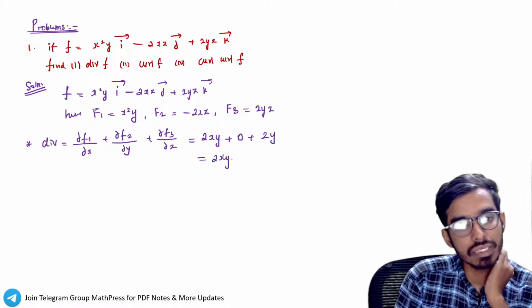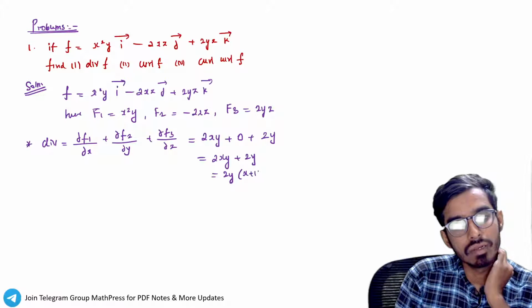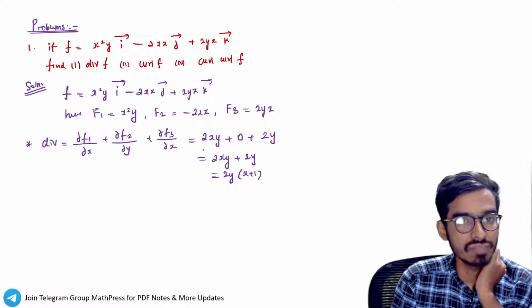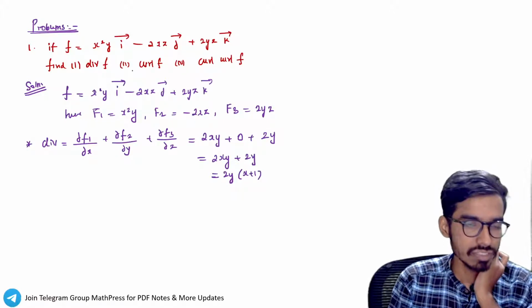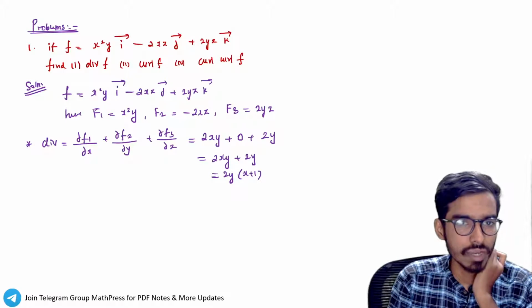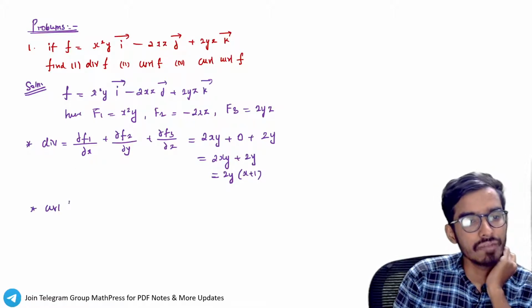So 2xy plus 2y, or if we take 2y common, 2y into x plus 1 is the divergence of the given function. Very simple. You just differentiate the first component with respect to x, the next with respect to y, and the next with respect to z, right?